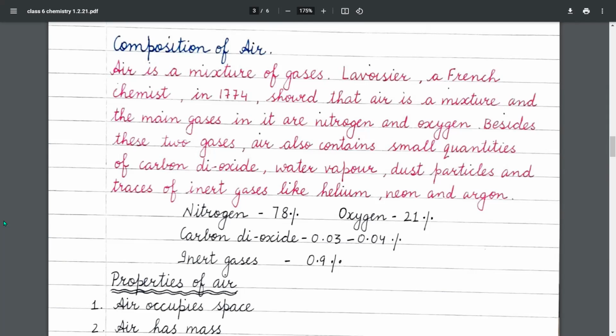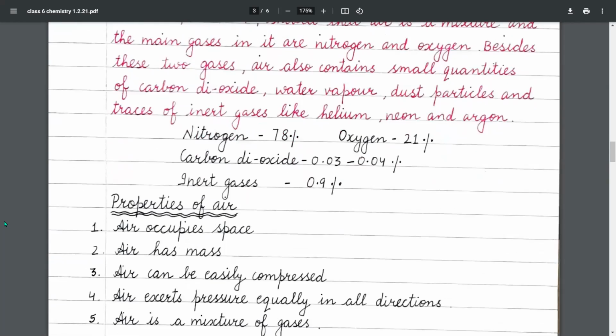Besides these two gases, air also contains small quantities of carbon dioxide, water vapor, dust particles, and traces of inert gases like helium, neon, and argon.